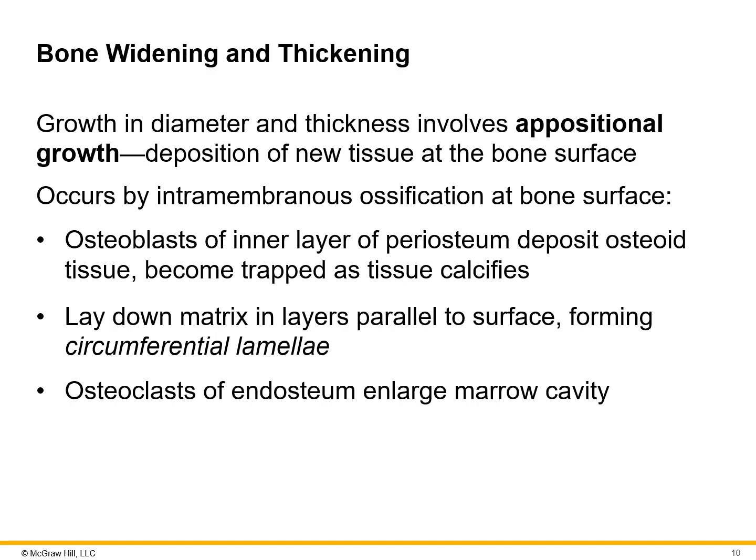That way the ratio stays about the same. So the erosion of old bone along the medullary or marrow cavity and the deposition of new bone beneath the periosteum not only increases the diameter of the diaphysis, but it also will increase the diameter of that cavity. And a lot of times that is referred to as remodeling.